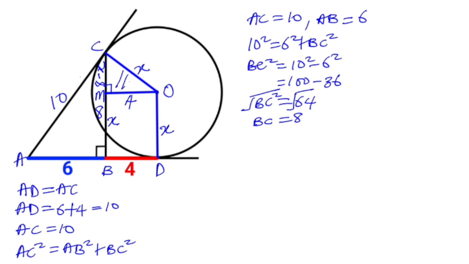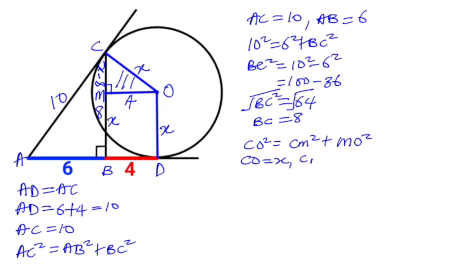Now, let's focus on triangle CMO. Triangle CMO is also a right triangle. From Pythagoras' theorem, CO squared is equal to CM squared plus MO squared. CO is equal to x.